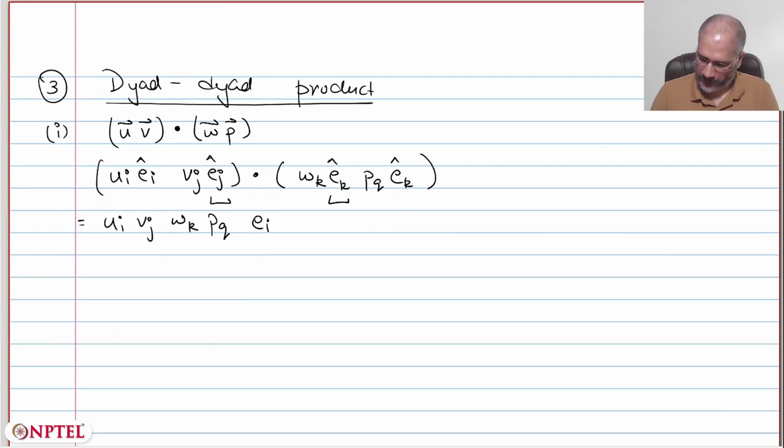So we have an e_i first, and then we have a delta_jk followed by an e_k. So let's check again. We have u_i v_j w_k p_q, which are the scalar terms. Then we followed the order from left to right. So e_i, then e_j dot e_k results in a delta_jk, and then we have p_q e_q. So this is an e_q.